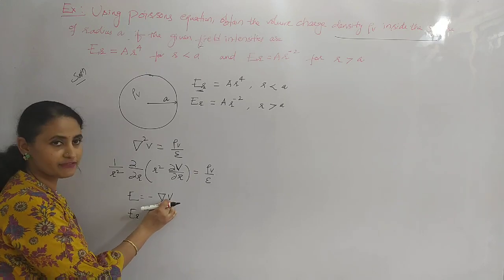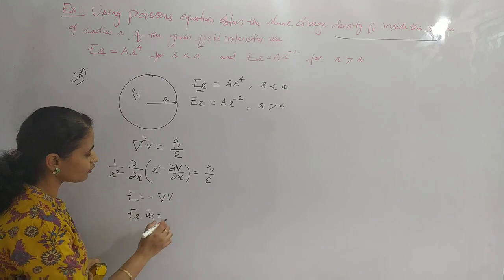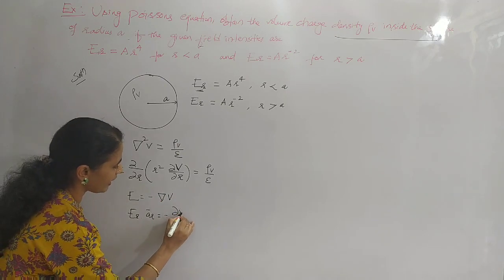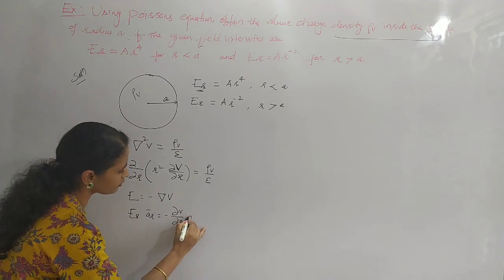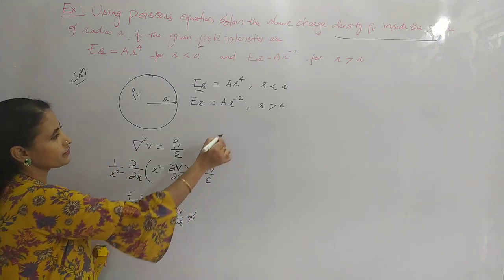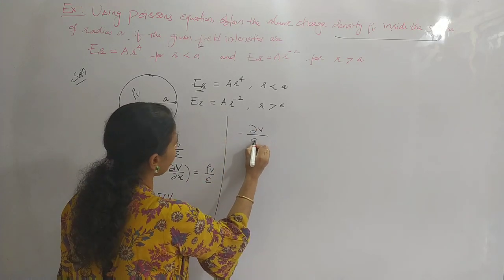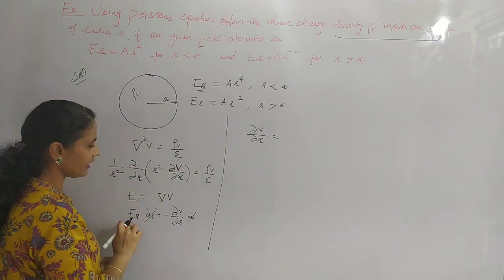If you write the gradient of V in the spherical coordinate system, it is given by minus dou V by dou R into a_R. So a_R is cancelled, and we can write minus dou V by dou R as E_R.